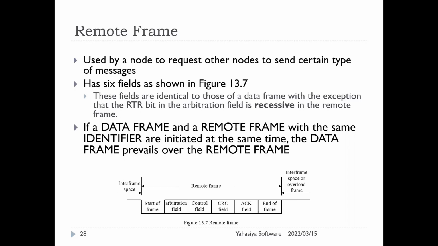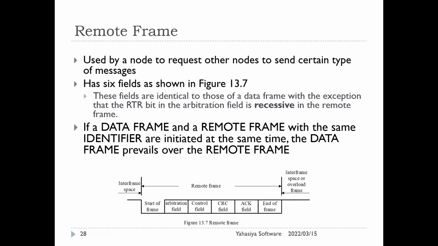We discussed before, there is a bit called the RTR bit that will be set to 1 for a remote frame. Now, in a CAN bus, we cannot have duplicate CAN IDs. Correct or not? We cannot have duplicate CAN IDs. When a transmitter is transmitting a packet with the ID 120, it is corrupted.